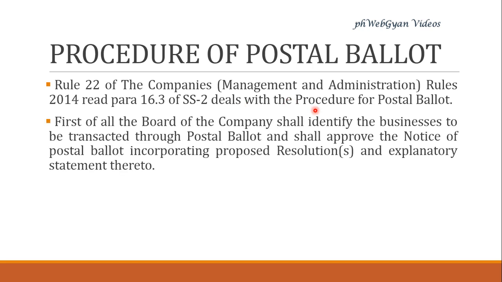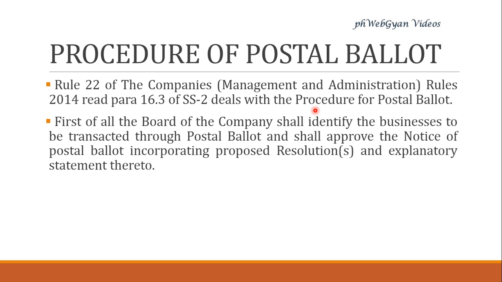Now what the board has to do: for passing any resolution through postal ballot, it has to first identify what businesses need to be transacted through postal ballot, and then approve the notice of postal ballot in which the proposed resolution has to be mentioned, along with the explanatory statement.